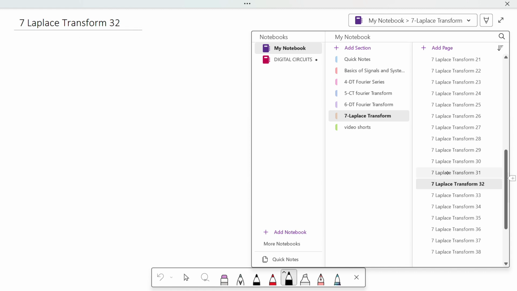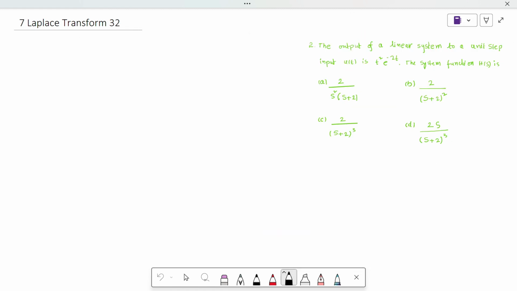The next problem: the output of a linear system to a unit step input u of t is t square e power minus 2t. The system function h of s.